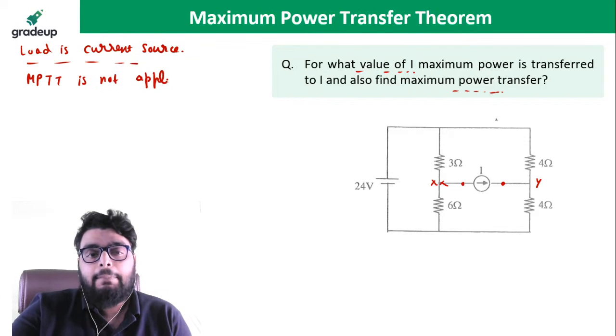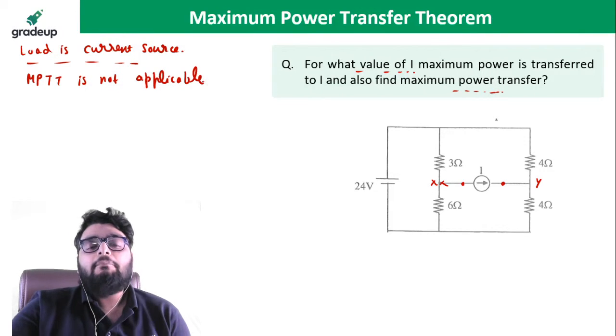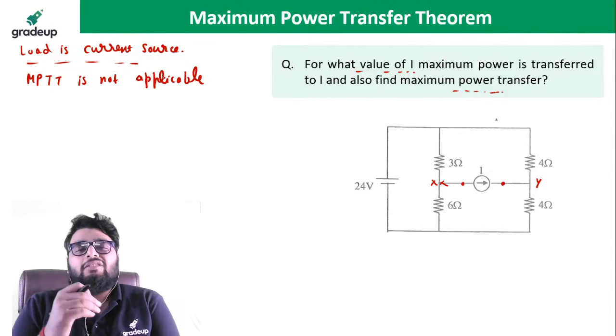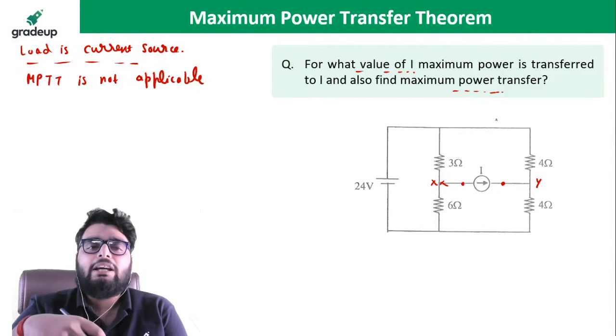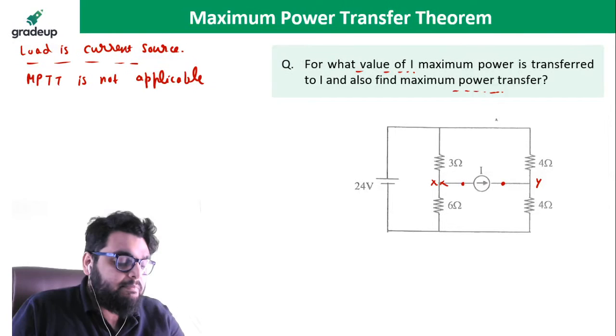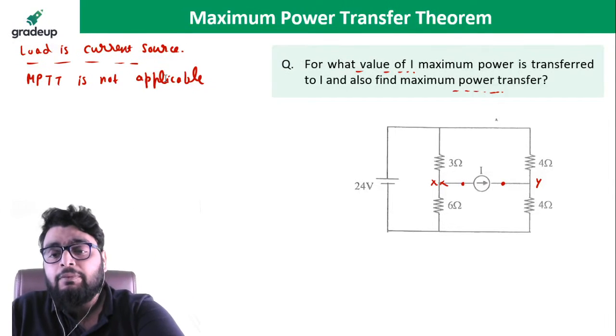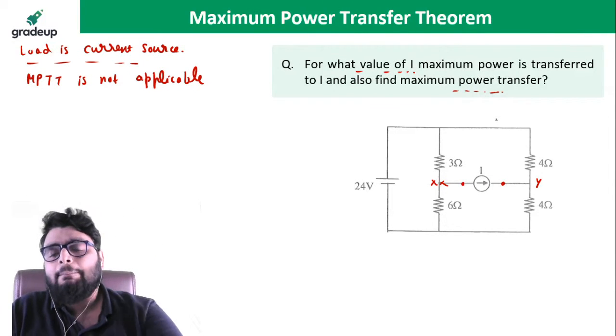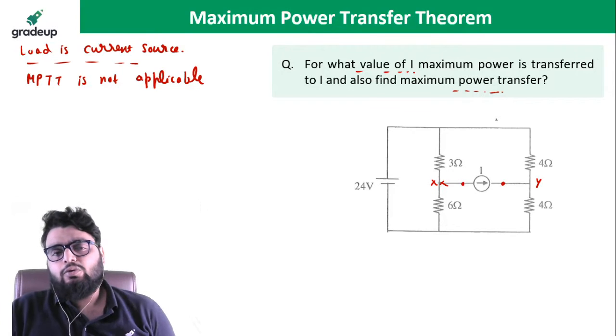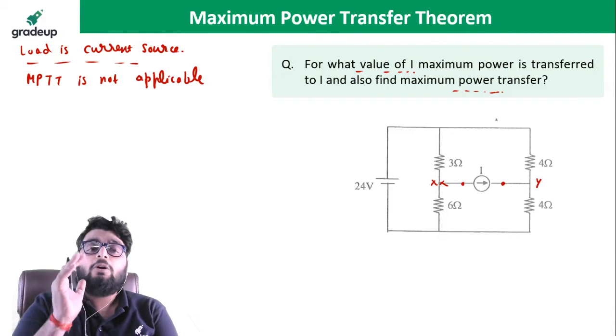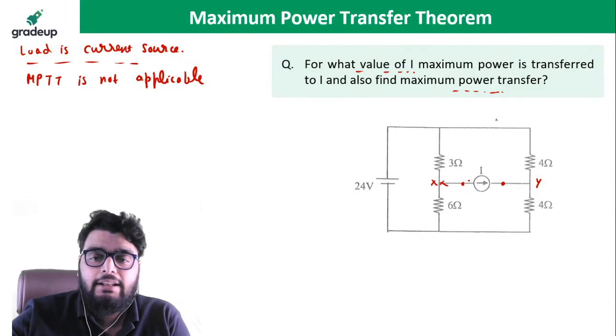Okay, so if maximum power transfer theorem is not applicable here, then how can I solve this question? Can anyone give me the hint? If maximum power theorem is not applicable here, then how can I solve this question? You have to think very carefully. See, this is a load terminal, right?